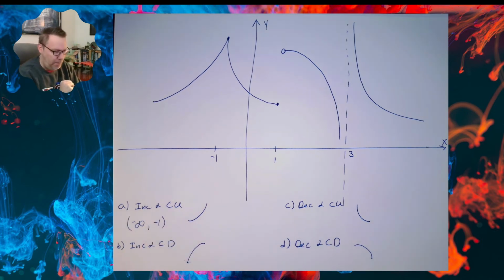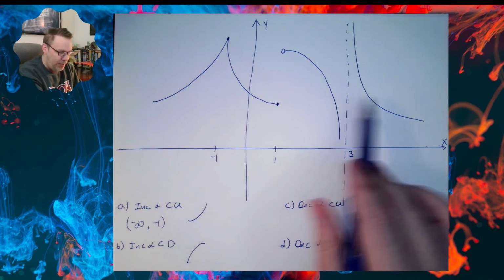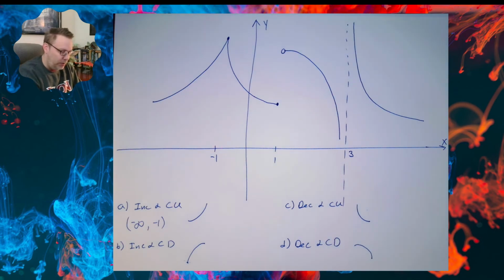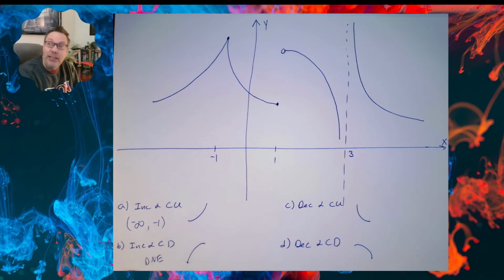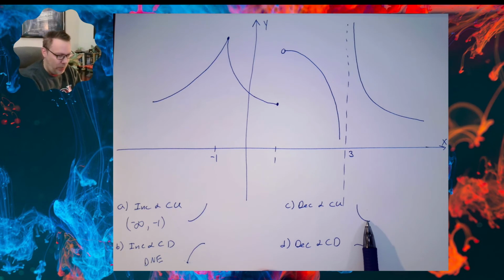to -1. Do I see this particular graph in any of these sections? Well, does not exist. DNE. This particular graph, do I see this here? Well, I actually see it in 2 spots.